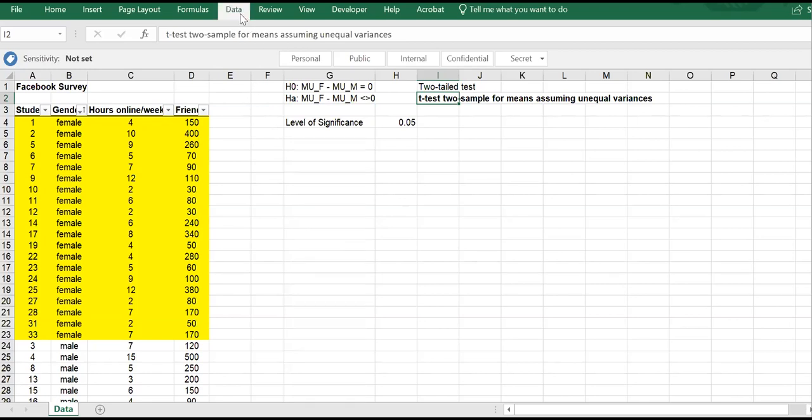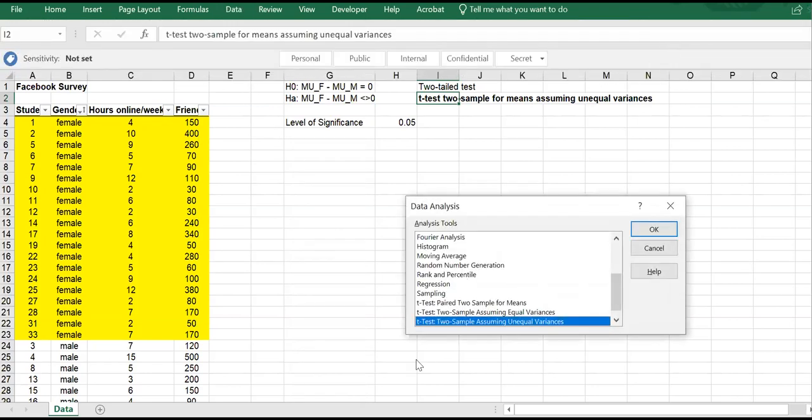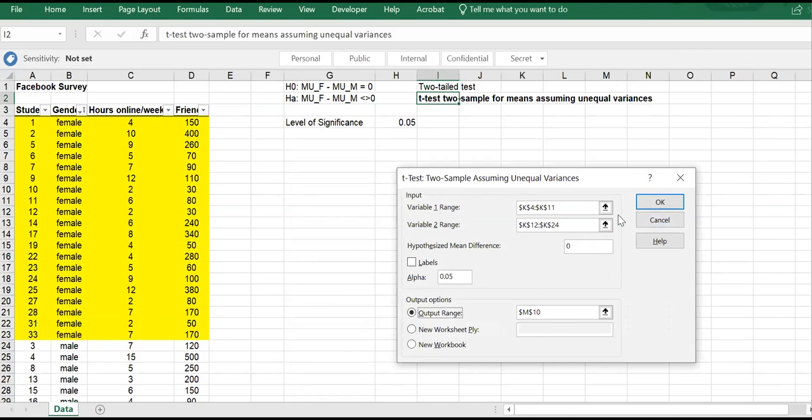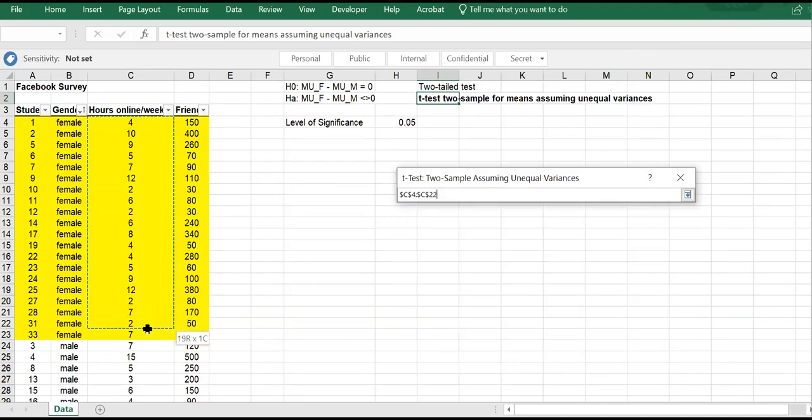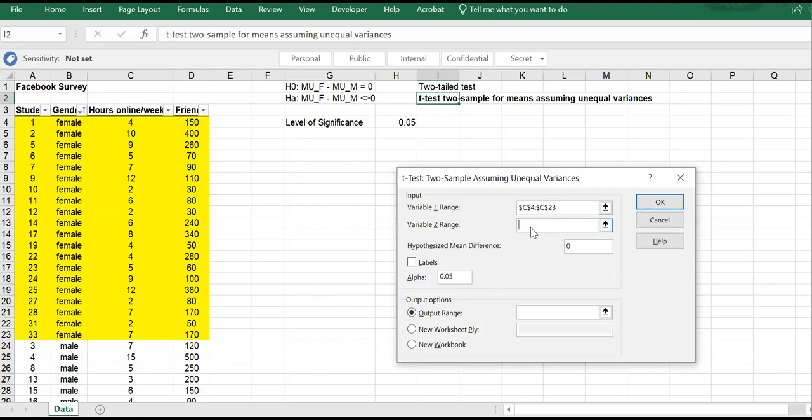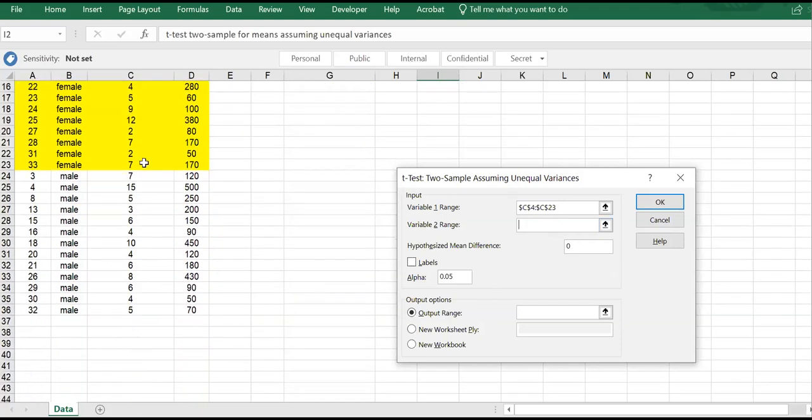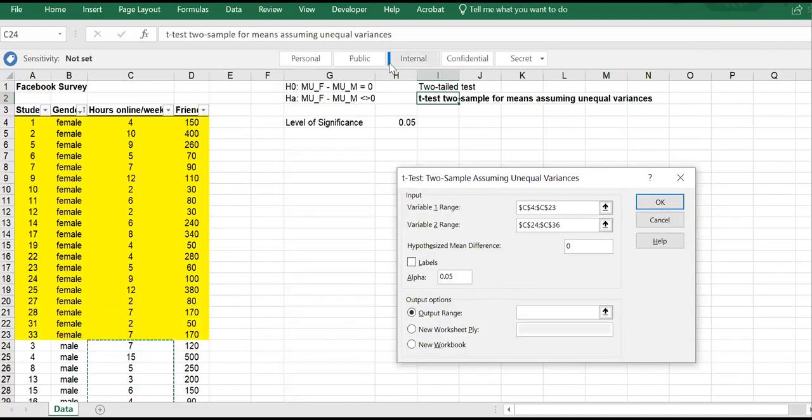So I go to the data tab, data analysis, t-test two sample assuming unequal variances. My variable one range would be the number of hours spent per week for female students. Variable two range would be number of hours spent online for male, and hypothesized mean difference would be 0. That's the hypothesized value for the mean difference.